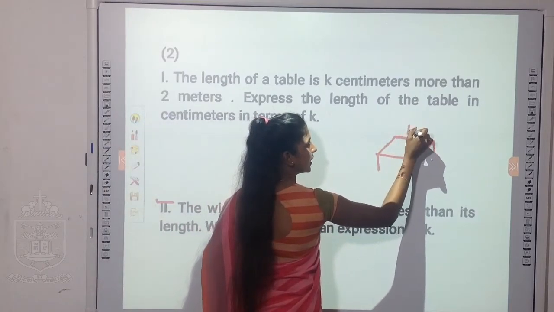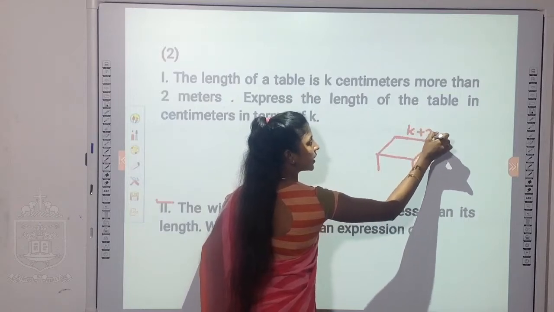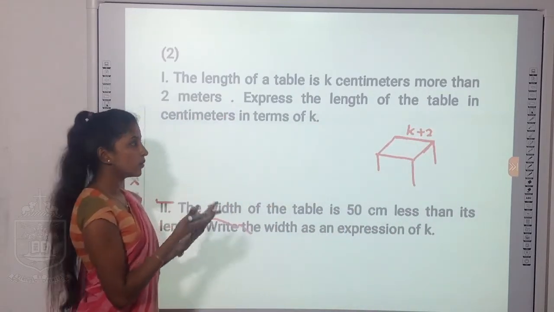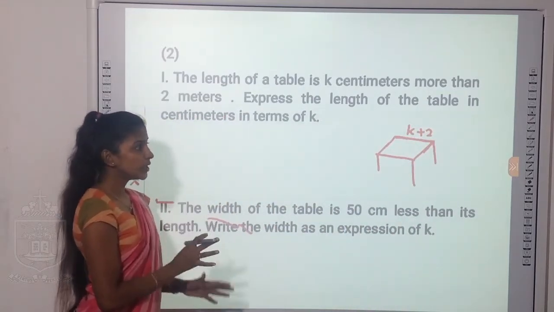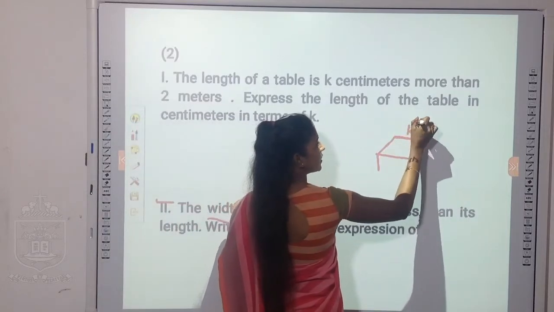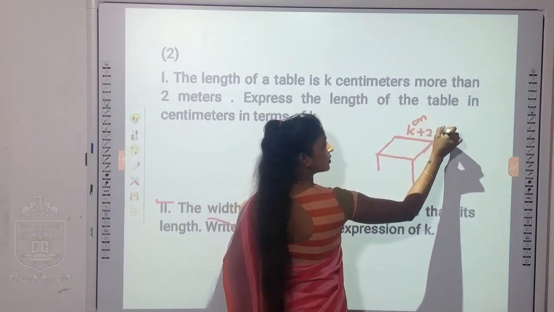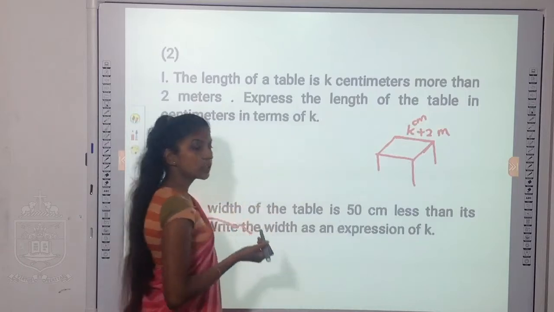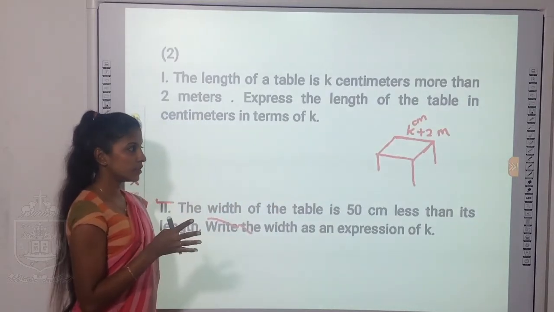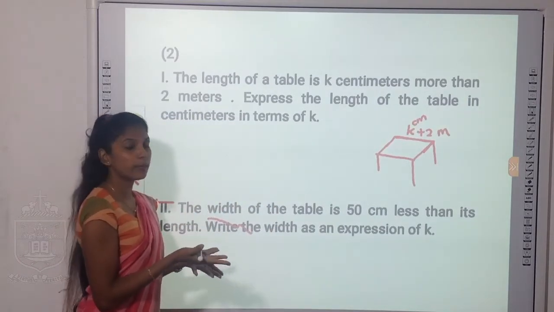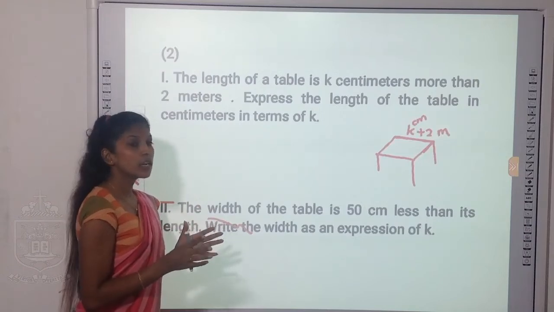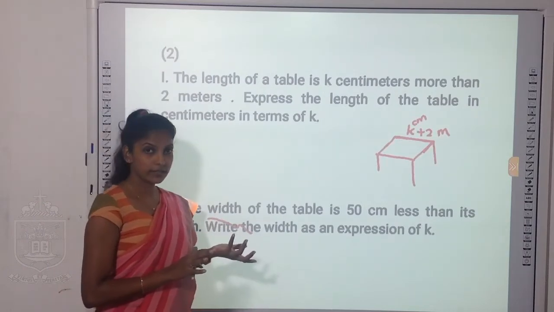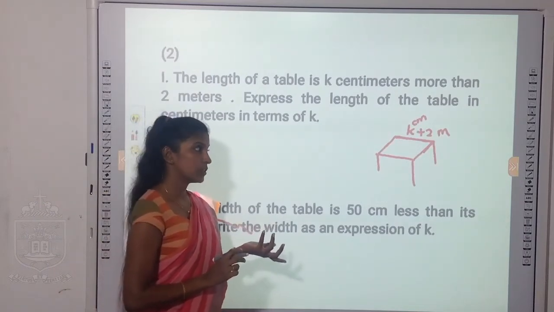That means, children, k plus 2. K is given in centimeters while 2 is given in meters. Two different units. K centimeters more than 2 means k plus 2, but they are in 2 different units, so you can't add them.